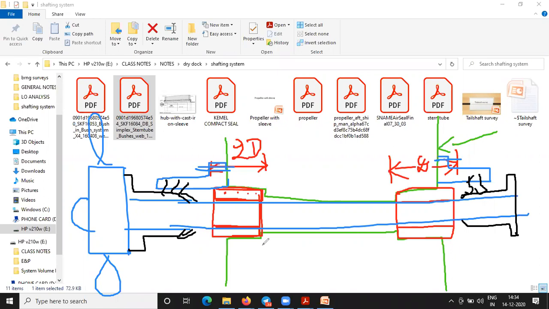Okay, Indrajit Singh had asked a question: why is this tail shaft 1:100? Anybody? Why is it tapered? Now, whenever we consider the tail shaft, it is a cantilever.